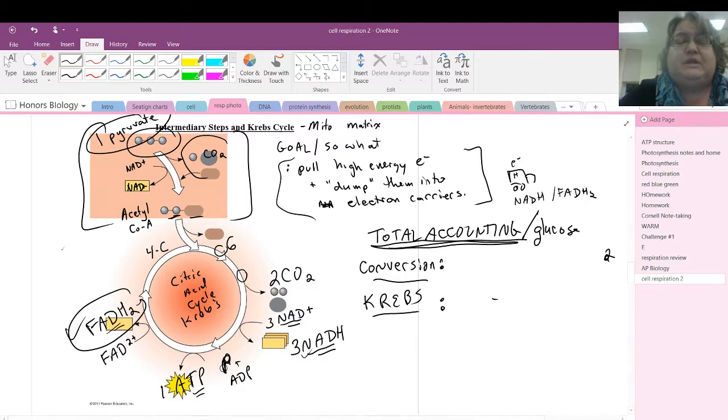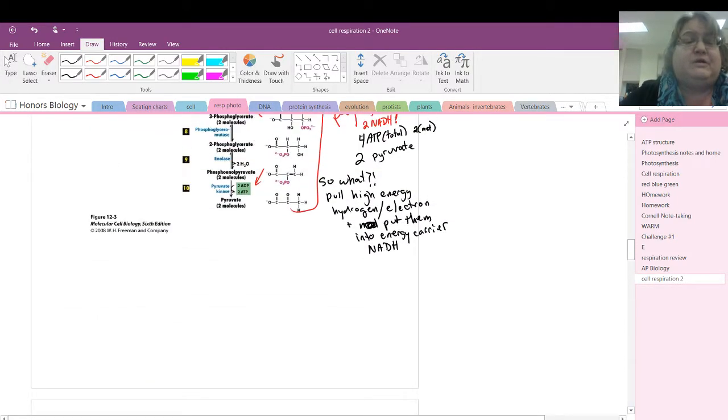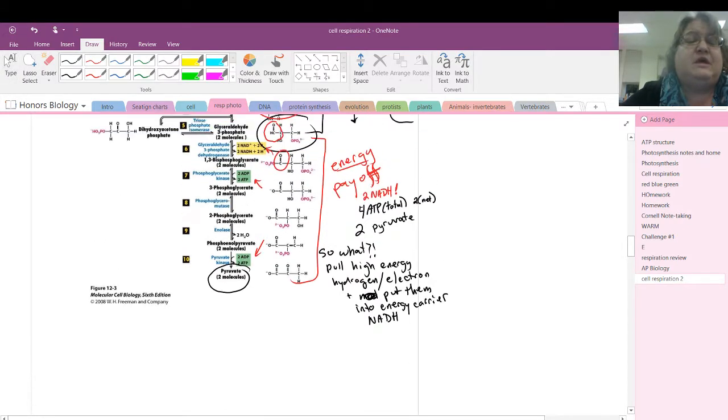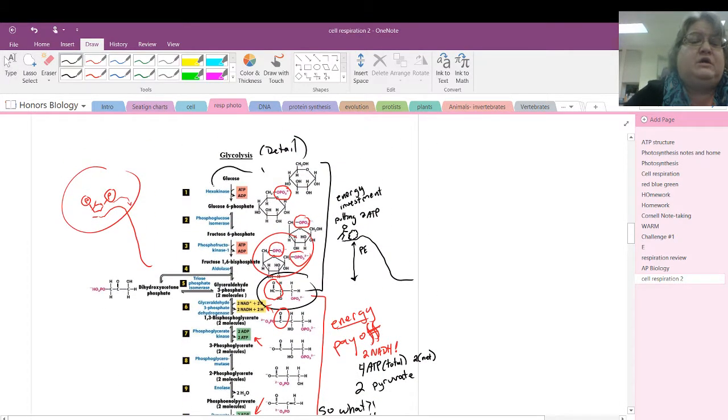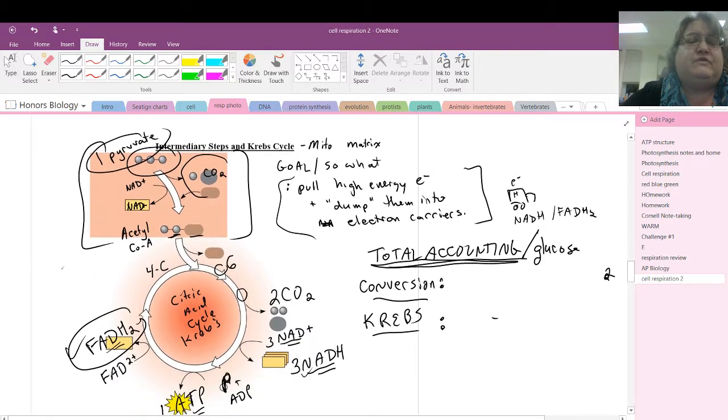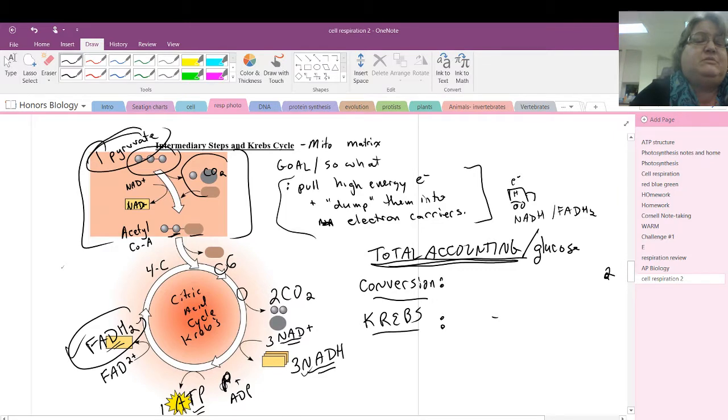So if we start accounting per glucose, now here's where we need to be careful, because up here at the end of glycolysis we have 2 pyruvate, and that started with 1 glucose. So one thing we've got to be real careful of is that this whole diagram is only 1 pyruvate molecule.